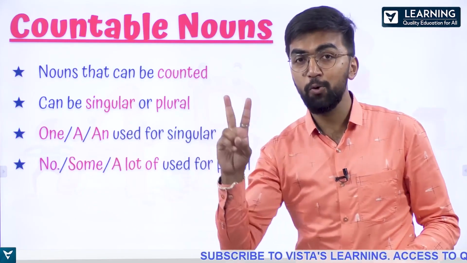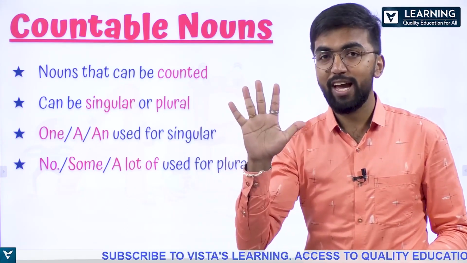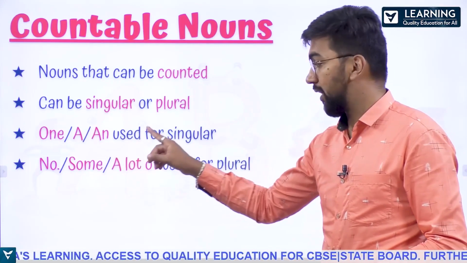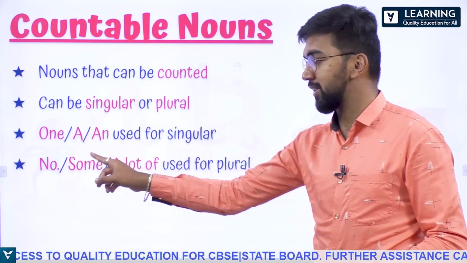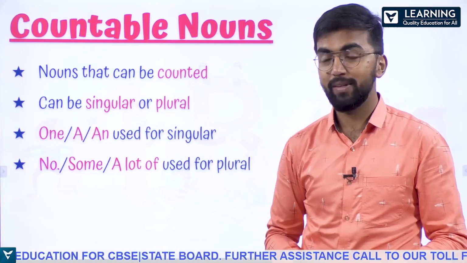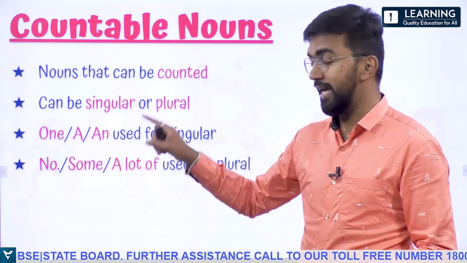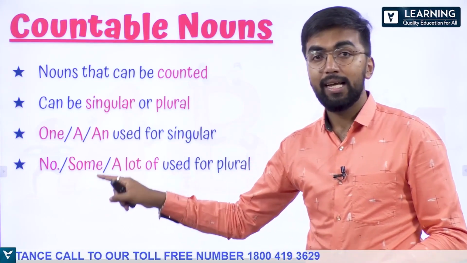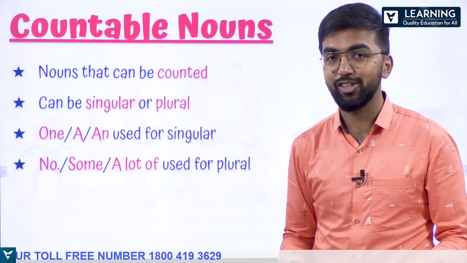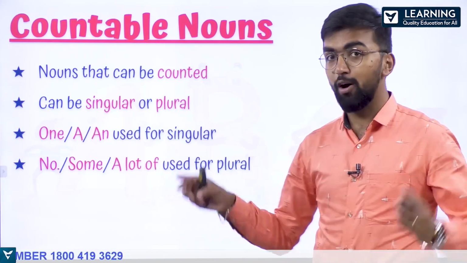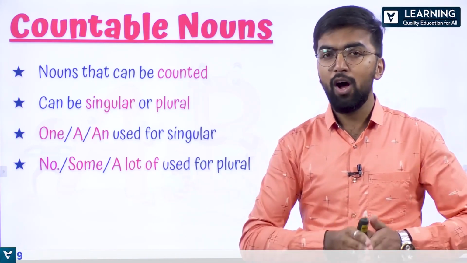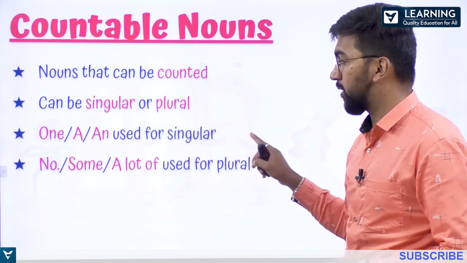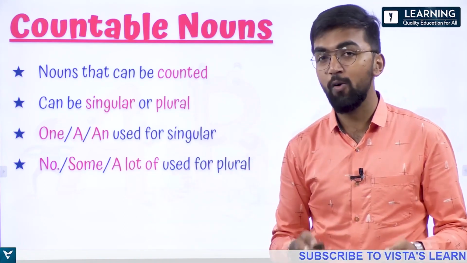You remember? 2 books, 5 chairs, 2 gardeners, or some, a lot of. These are the things that we use for plural. We say 5 books, 5 chairs, 11 sessions, a lot of trees. Do you remember? A lot of trees. These are used for the plural form of countable nouns.